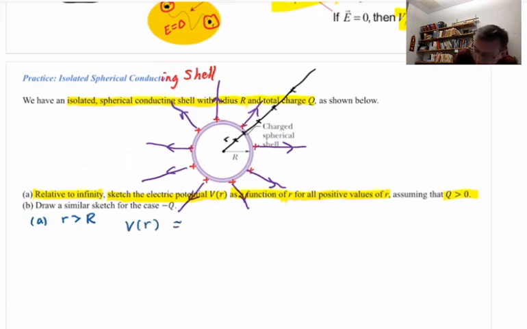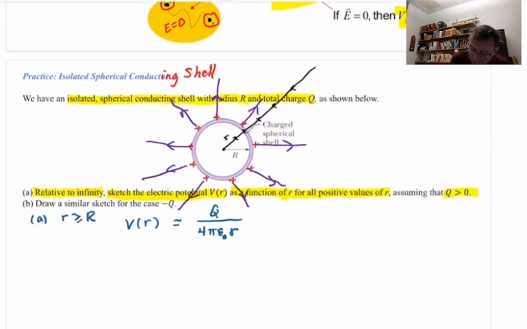It's the charge of the particle over 4 pi epsilon 0 times the distance you are from it. Well, if the particle's at the center, then your distance is just little r. Note, if I go to the limit as little r goes to infinity, I'm infinitely far away, that potential is 0. Okay? And in fact, you can use that for r greater than or equal to big R.